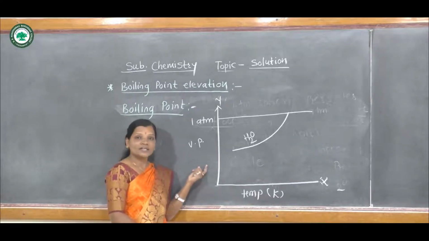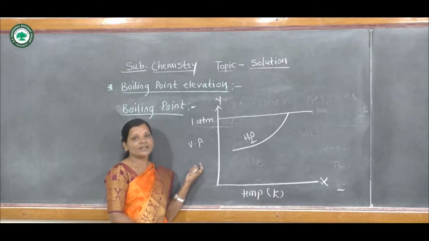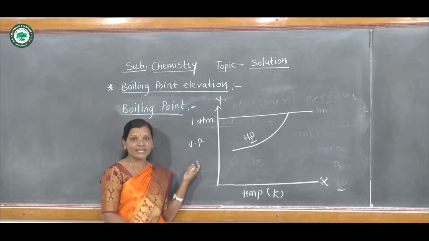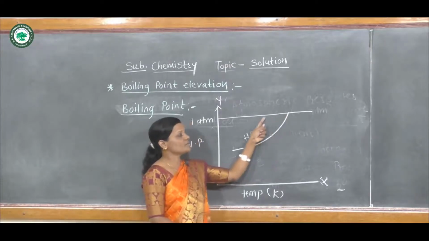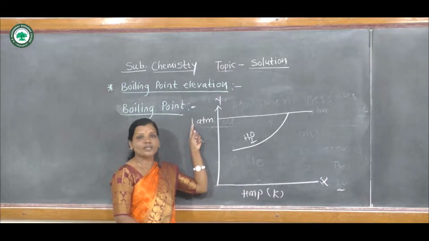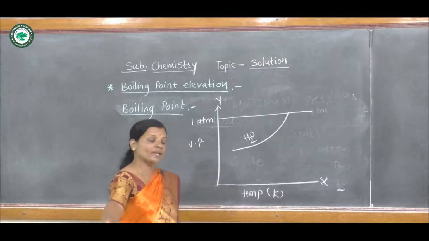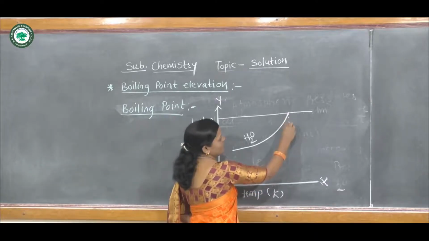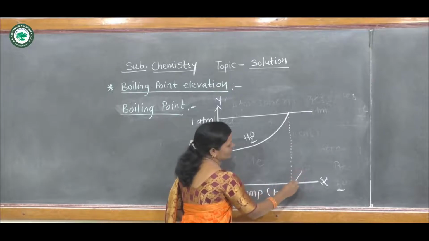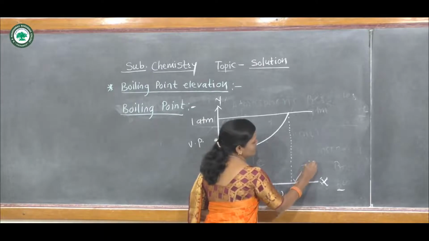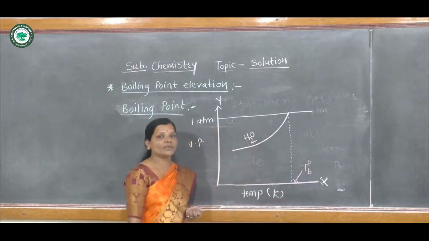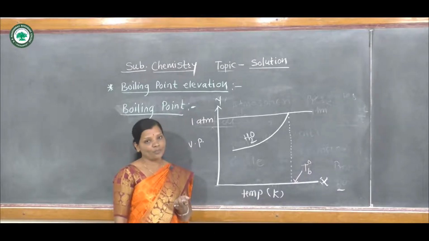But when the water is heated, the temperature increases and hence the energy of the water molecules increases, and whatever vapor pressure is created in water also increases, and at one point that becomes exactly equal to atmospheric pressure, and the corresponding temperature is nothing but the boiling point of pure water. Consider that as T degree B, where the degree indicates the boiling point of pure solvent.